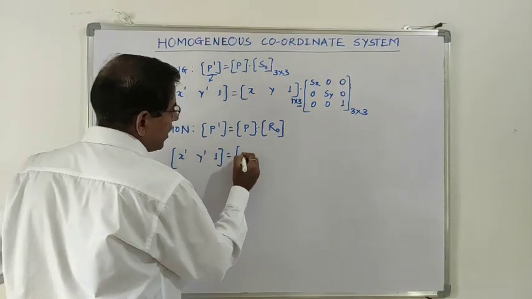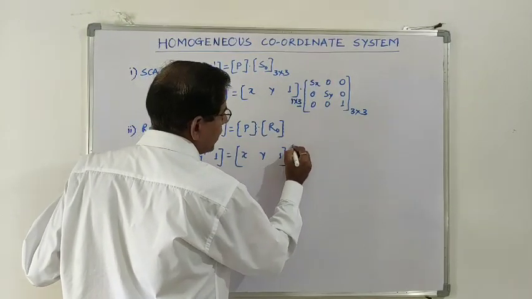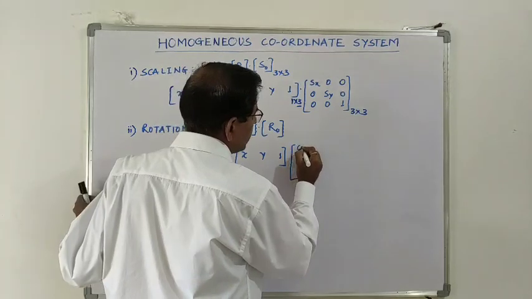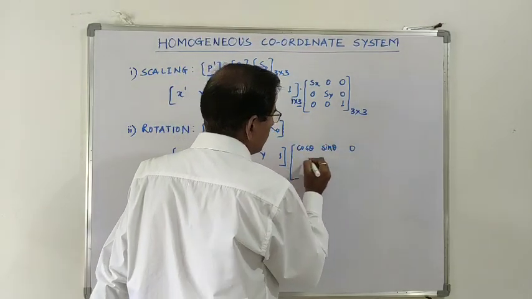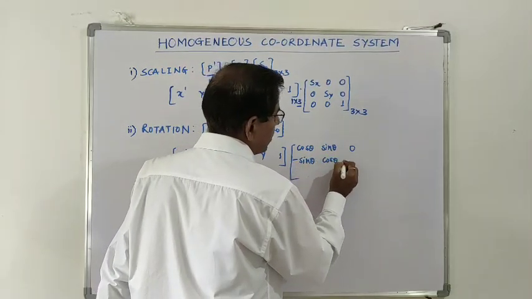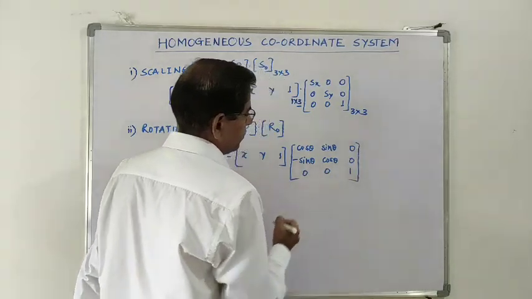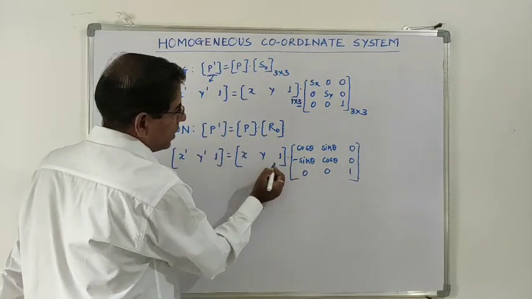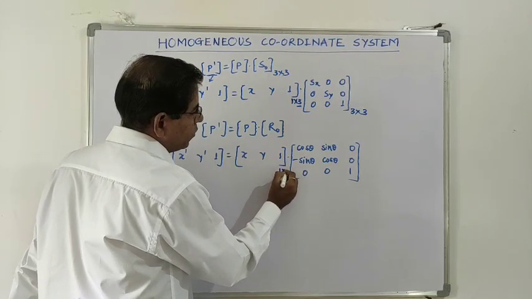P is the original point x, y, 1 multiplied by Rho, that is cos theta, sin theta, 0, minus sin theta, cos theta, 0, 0, 0, 1. Okay. So here also the size of the matrix is 1 into 3.